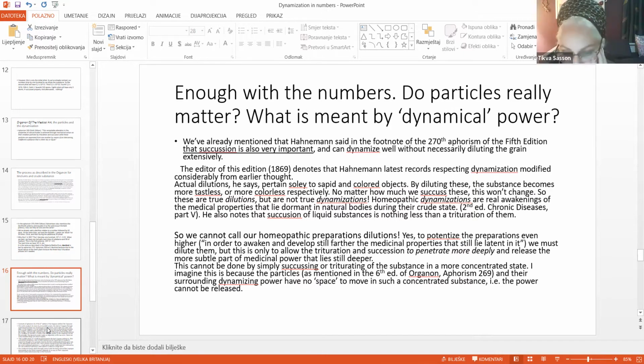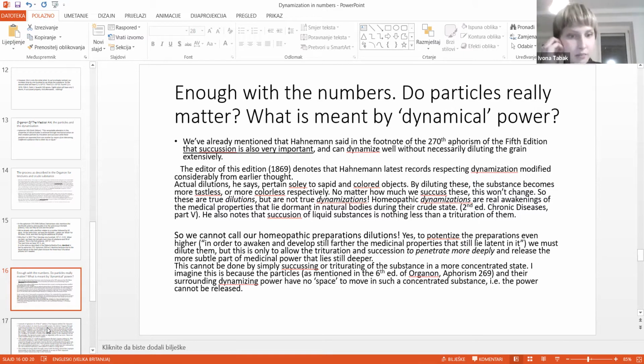That's right. And he says, to quote, to potentize the preparations even higher, in order to awaken and develop still farther the medicinal properties that still lie latent in it, we must dilute them, but this is only to allow the trituration and succussion to penetrate more deeply and release the more subtle parts.